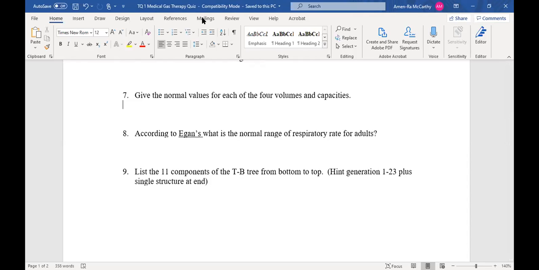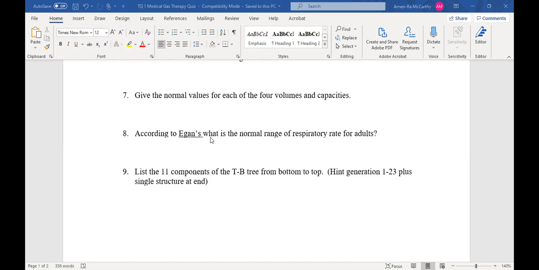I mean 5. No, vital capacity is what? 4.8? I think it's 4.8. I'm sorry, I'm thinking of tidal volume. That's tidal volume. Good. And Miss Cummings, what about ERV? RV is the same thing. 1.6. Okay, what about IRV? 3.1. Okay. All right, let's go on.